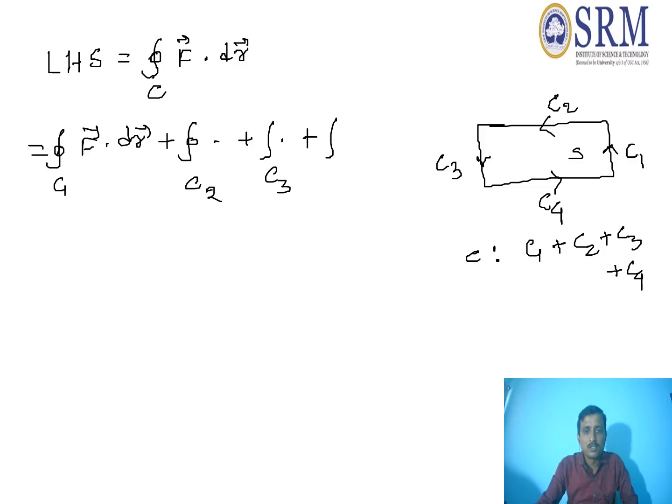Okay, now one by one. Suppose this is equation number 1. Along the curve C1, what will we see? We can get x is equal to a.